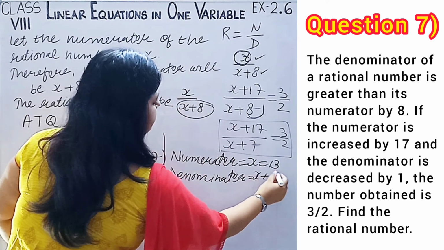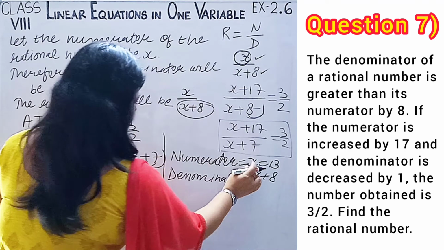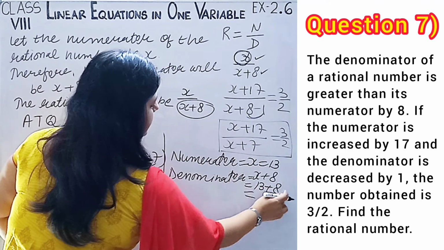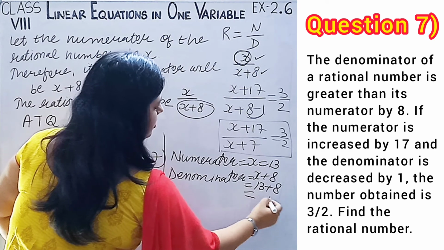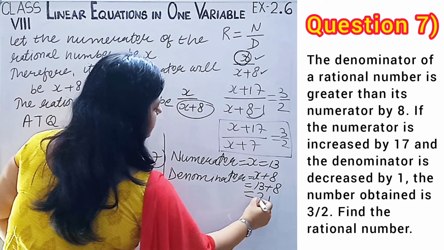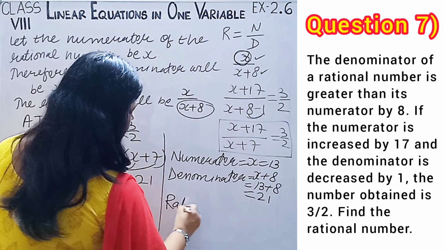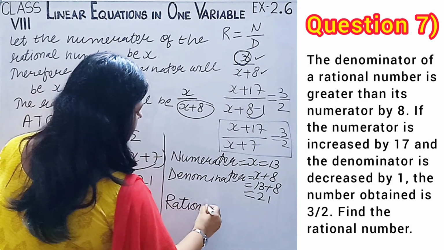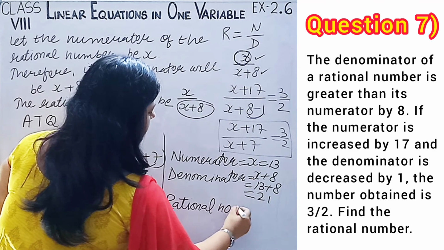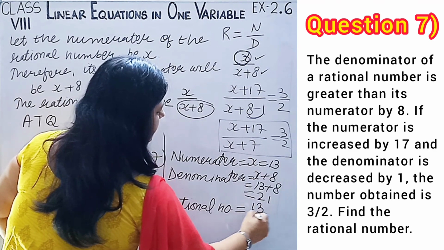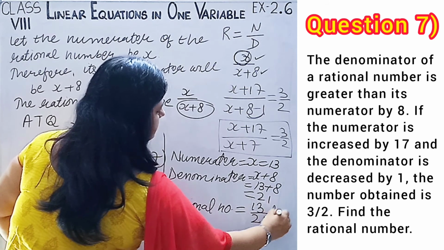X plus 8 means x is 13 plus 8. 13 plus 8 is 21. So the rational number we had to find out in the question, the rational number is equal to 13 upon 21. Answer.